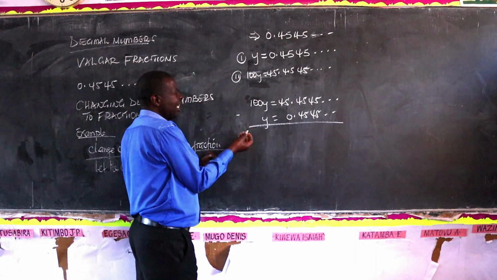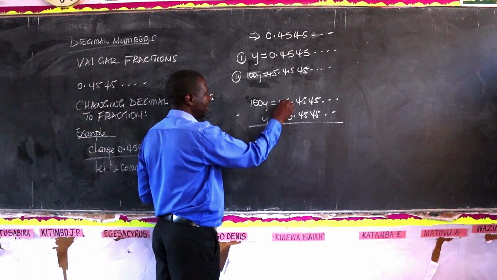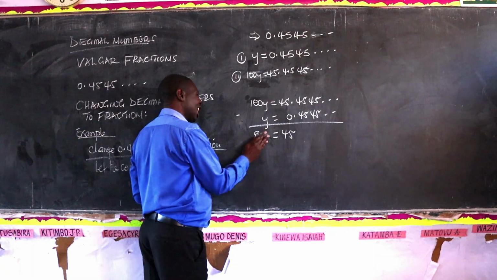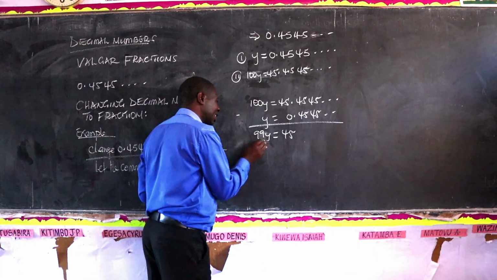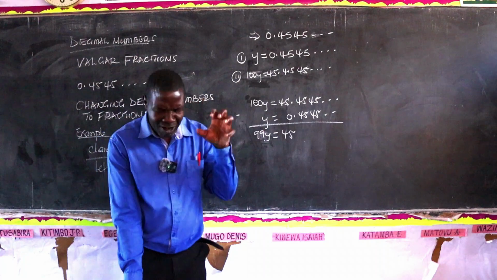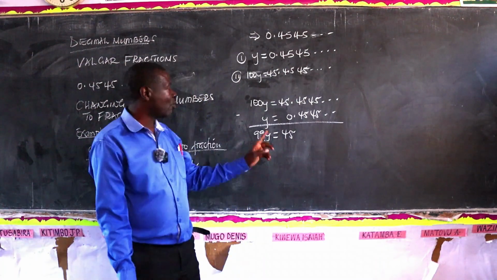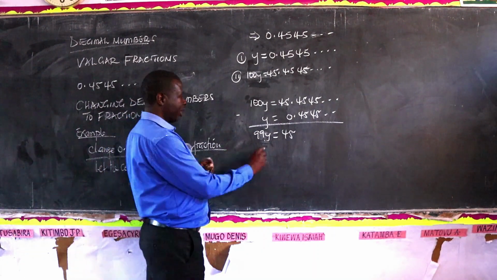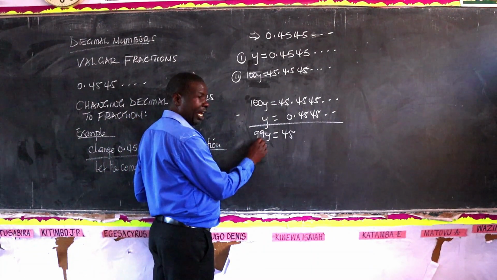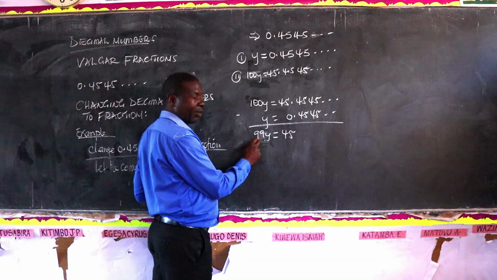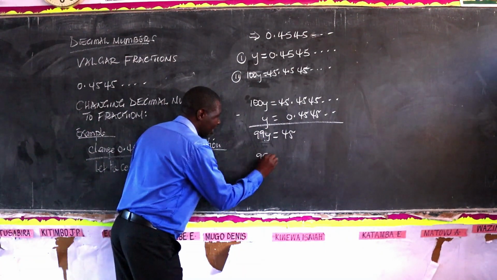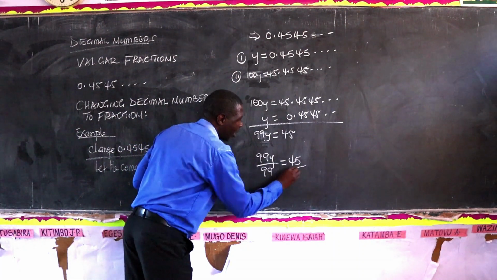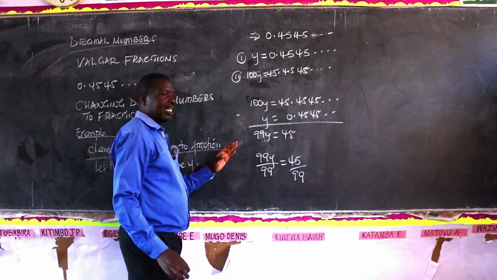Then if you subtract, you are going to come up with 45, giving us 99y. Where do we get 99y? We have 100y, and we are removing 1y. Then we eliminate the coefficient: 99y out of 99 gives you 45 out of 99.